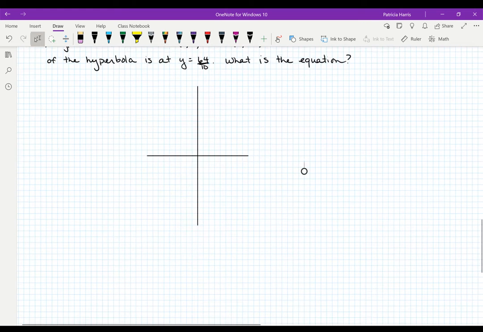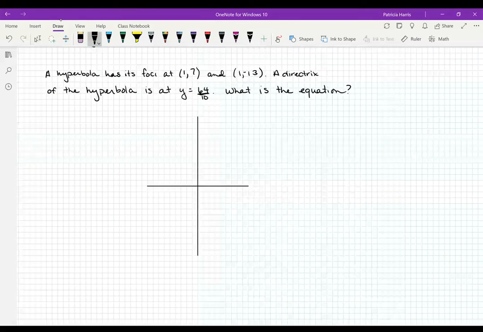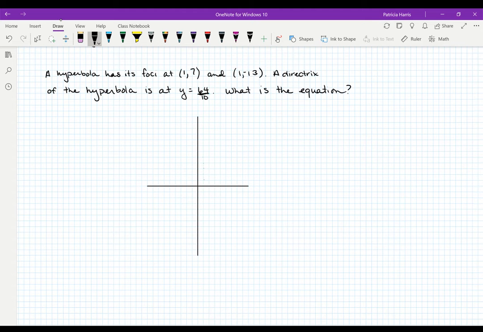Okay, so (1, 7): 1, 2, 3, 4, 5, 6, 7. So that's a focus. And then -13: 1, 2, 3, up to 13. And that's a focus as well.